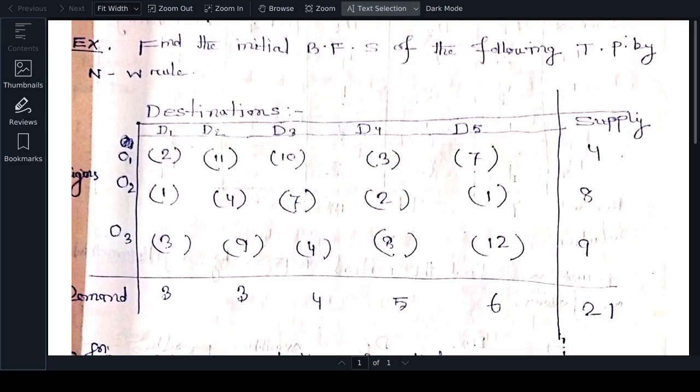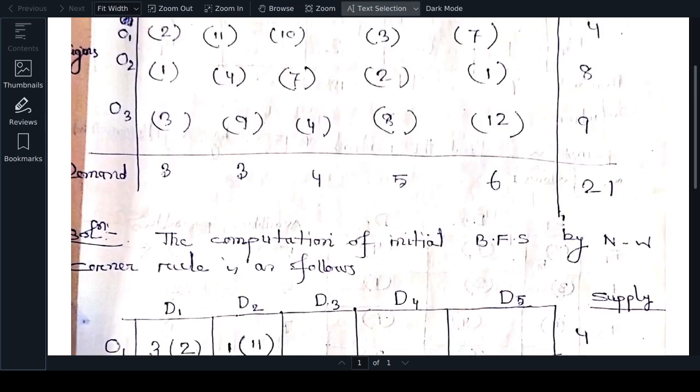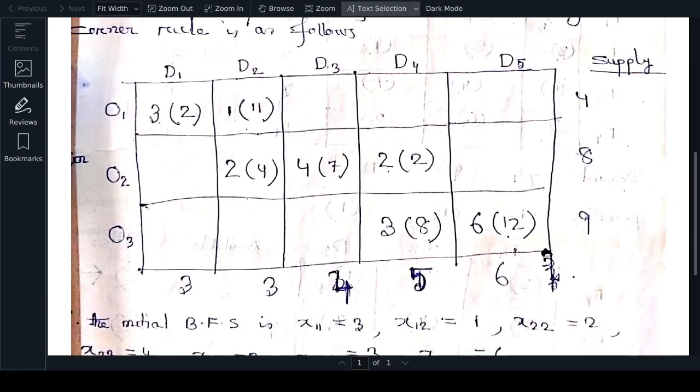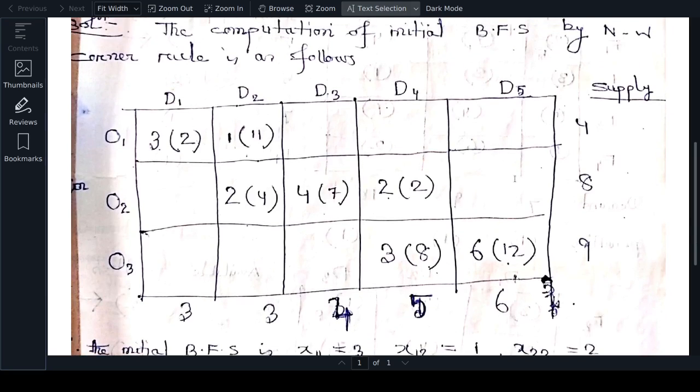If the row is not completed, we move to the right hand side. If the row is completed, then we move to the immediate down cell.